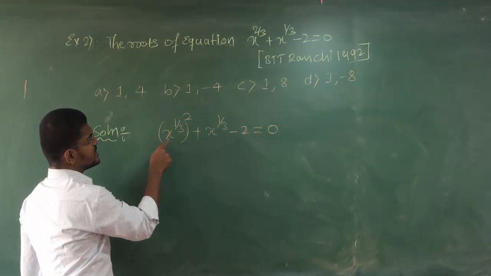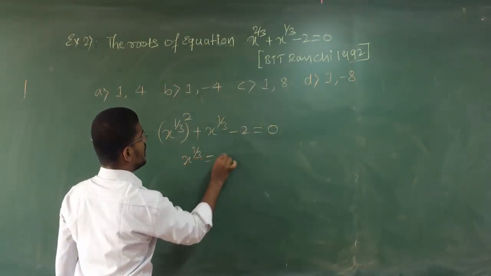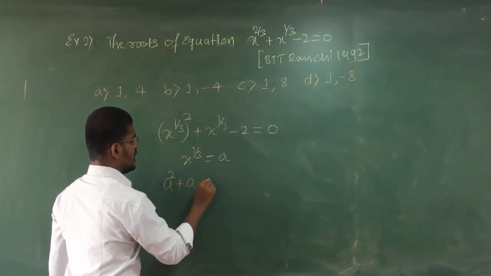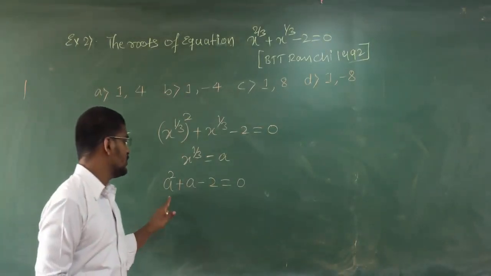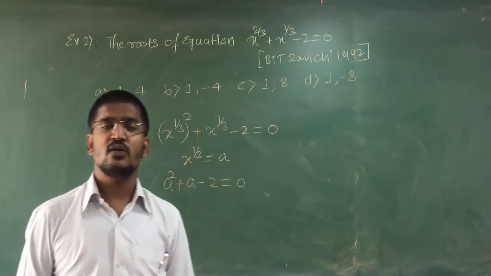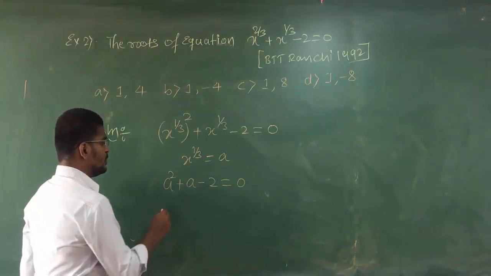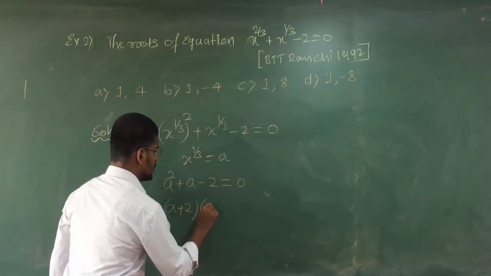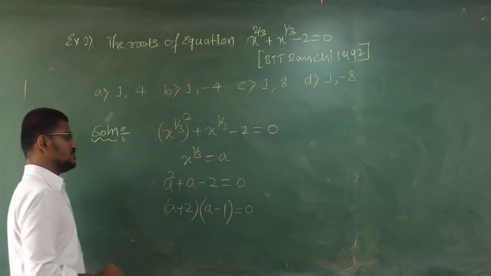So now replace this term as a, that is x to the power of 1 by 3 equal to a. It will be a square plus a minus 2 equal to 0. So you are going to get a very simple equation, a square plus a minus 2 equal to 0. So that will be a plus 2 into a minus 1 equal to 0.